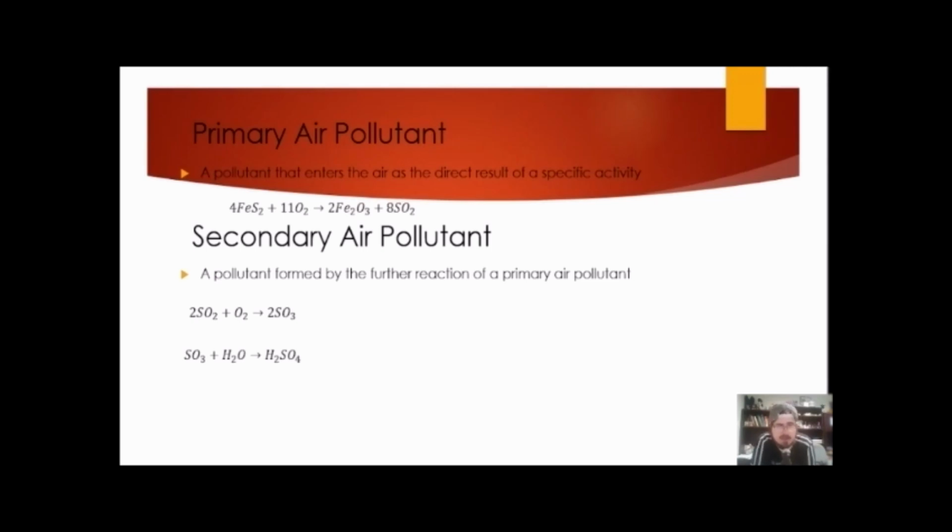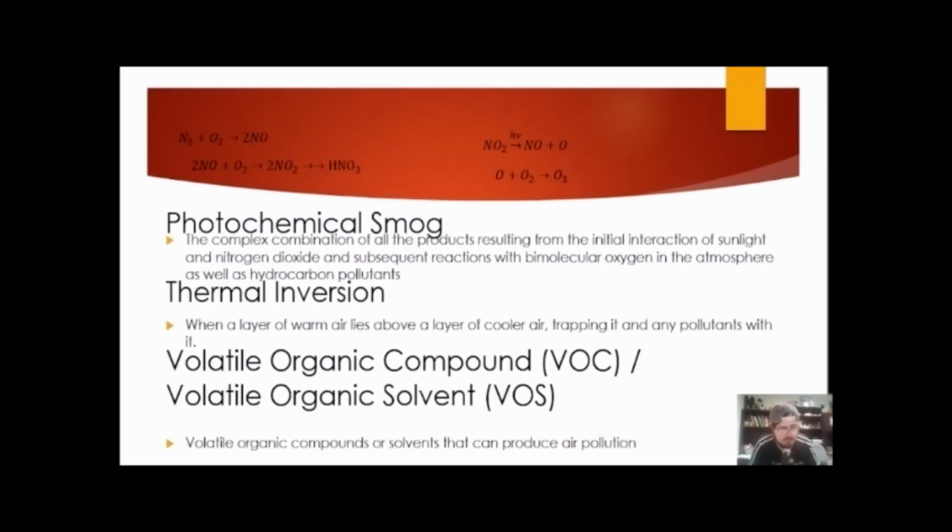When we talk about these, we can lump them all together as sulfur oxides, or SOx, for simplicity. So SO with an x, we don't know how many oxygens. There are many other pollutants besides just sulfur. We can form nitrogen oxides, NOx's, by the reaction of nitrogen at very high temperature.